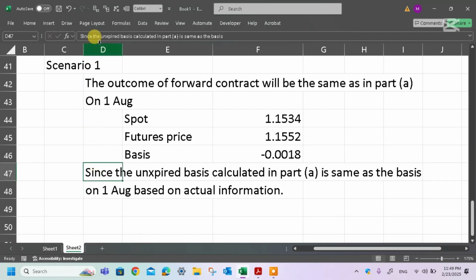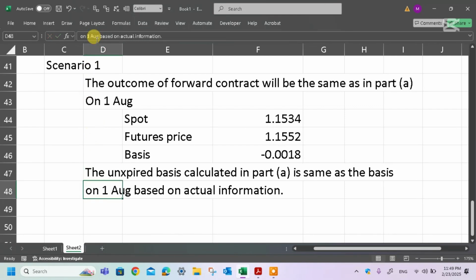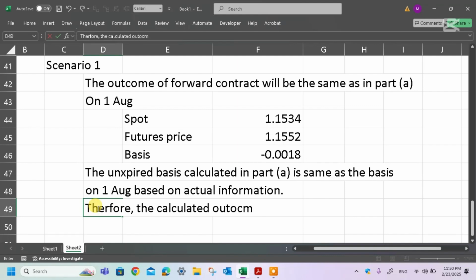The unexpired basis calculated in part A is the same as the basis on 1st of August based on the actual information. Therefore, the calculated outcome of the futures contract in part A is still valid.